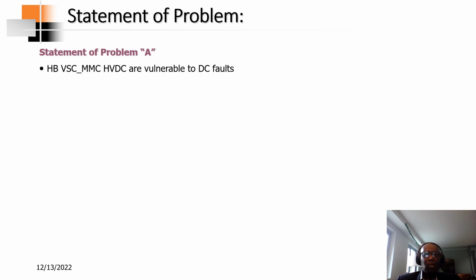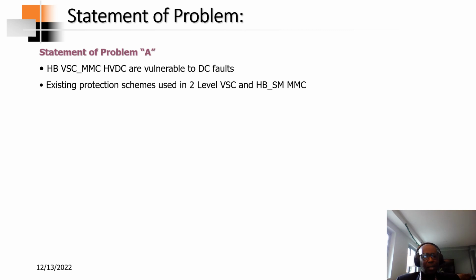Now, let's talk about the current problems, the statement of the problems that we have with HVDC protection schemes. HVDC protection schemes are vulnerable to DC faults, the voltage source converters especially. Also, the existing protection schemes used in the 2-level and the 3-level cannot be used in the half-bridge submodule MMC.